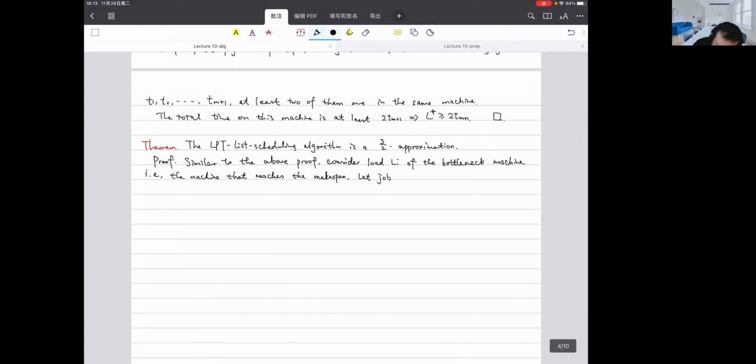Similar to the notation in the above proof, let job j be the last job.